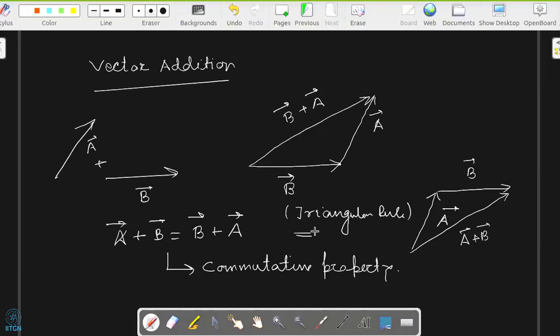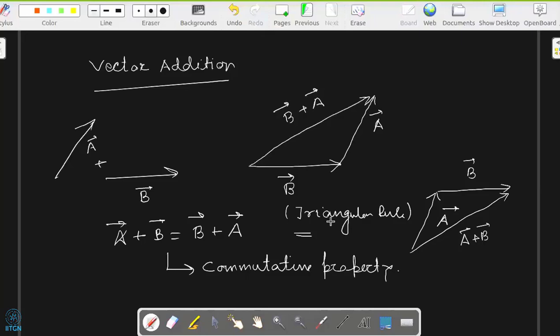Any physical quantity, in order to be a vector, must follow this rule of addition. Then only can we say that it is a vector quantity. Let's say A plus B both represent the same physical quantity, for example force. We cannot add force and displacement, and we cannot add force and velocity. Rather, force plus force, vector A plus vector B, but it must satisfy the triangular rule.